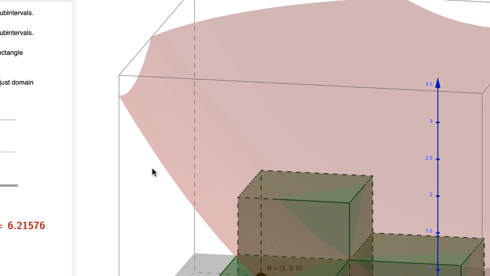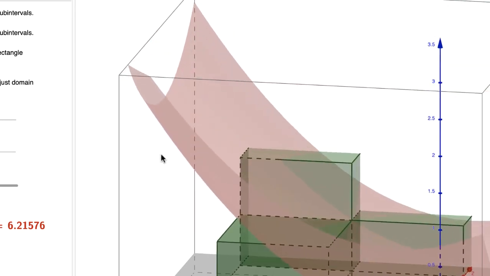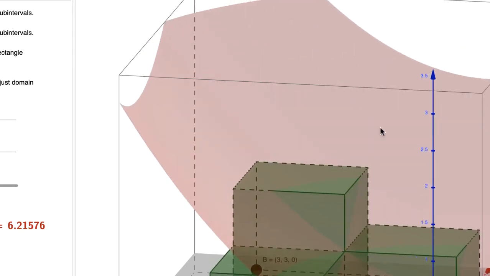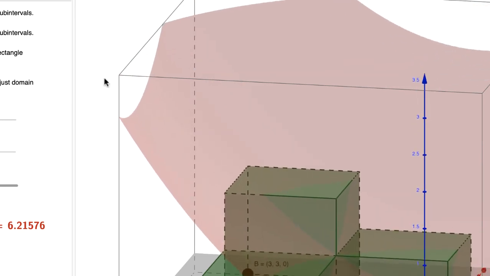And so in this case you can approximate the volume by using these green boxes that you see here. Let me just show this to you from a different perspective. And the point is that depending on how many boxes you use, the approximation keeps getting better and better.